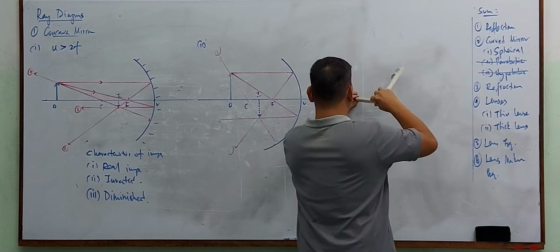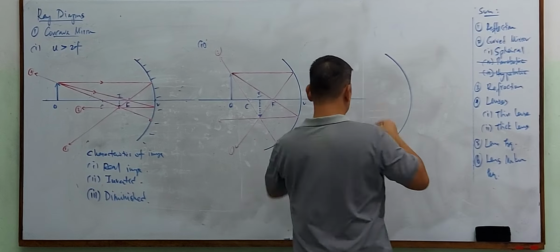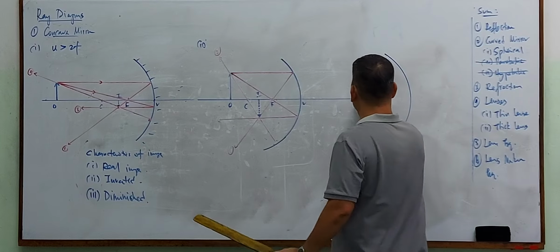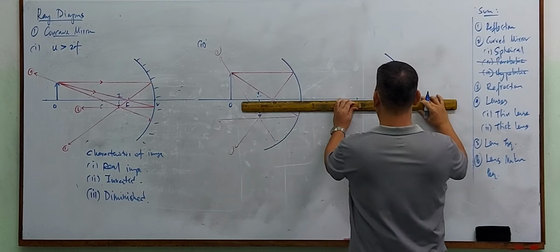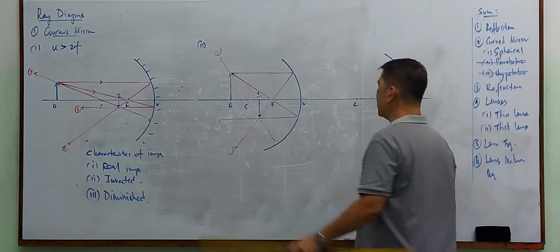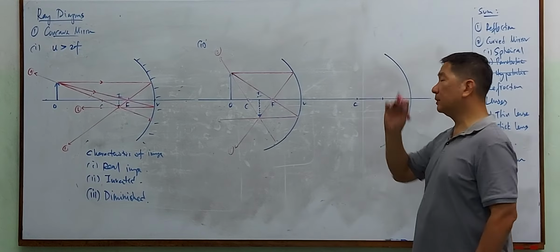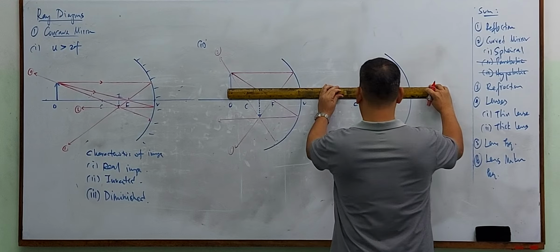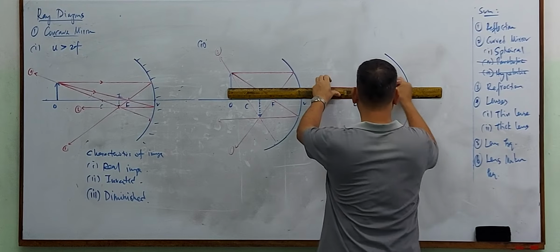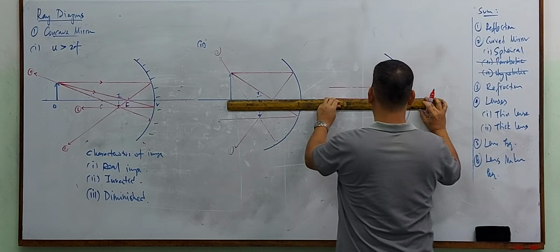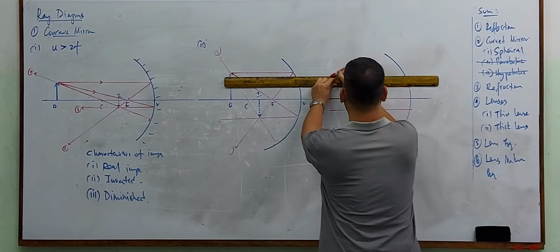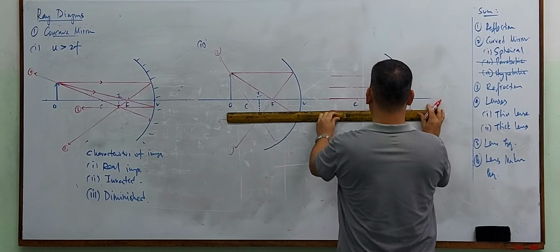You draw one big mirror. That mirror has a C point here, and roughly we have a focus point in the middle, somewhere here. Now let's say we have parallel light rays starting from the center, and down below here also. And then we have some others up here, down here also.